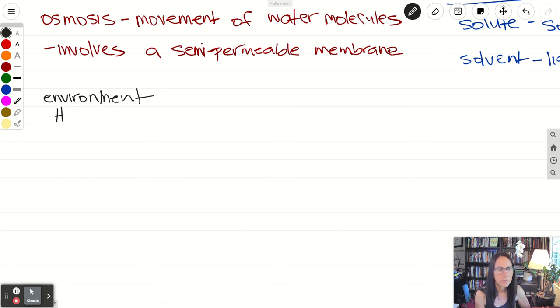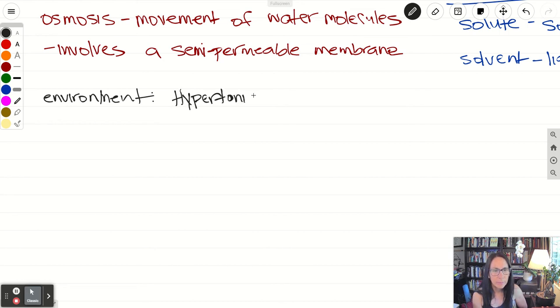Okay, I'm going to give you 3 different environments. So this is how I'm going to write it. So the environment could either be hypertonic.